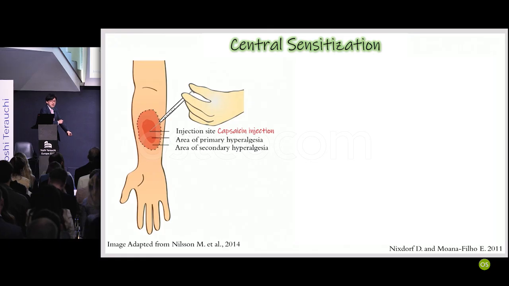But if you get anesthesia right after that, the pain is completely gone. But if you inject anesthesia into the arm first, then you get capsaicin in the same area, you feel nothing, right? You get capsaicin, you feel pain. And if you get anesthesia after that, the pain will be gone.